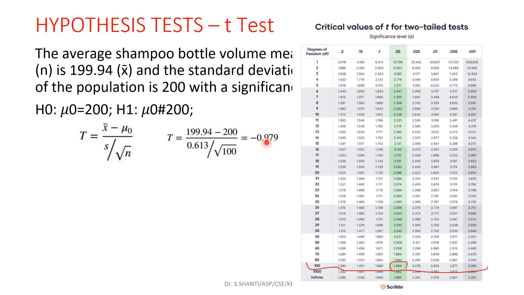Then we have to take the table value. This is a two-tailed test, because the alternate is not equal to. In the two-tailed test we compute the value for degrees of freedom 99, since n equals 100. For degrees of freedom 99 and alpha 0.05, we check the table value.